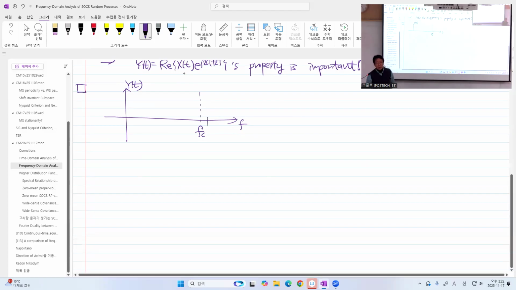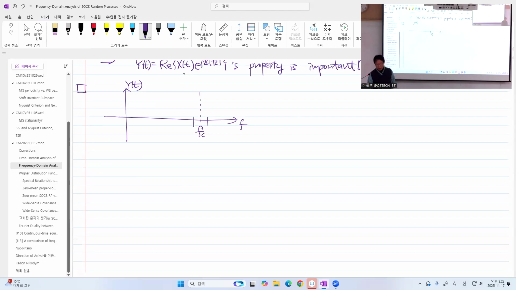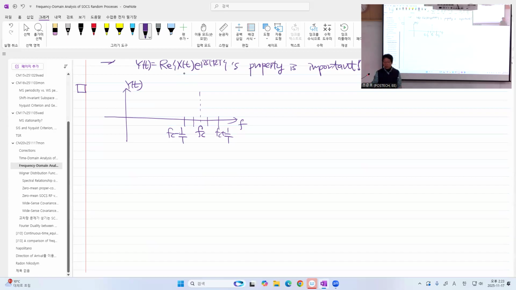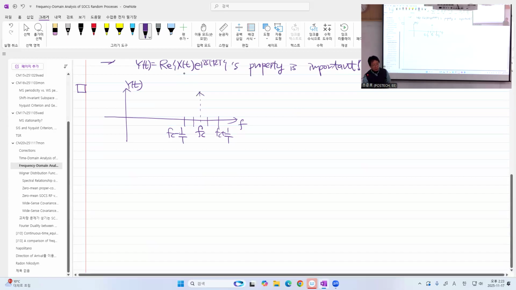If you have this component fc plus f1, then it's correlated with fc minus f1. And what else? We also have periodic correlation with period 1 over T. So every 1 over T, you have periodic correlation. And you also have conjugate symmetrical correlation. That looks confusing, but we already know what we can do.